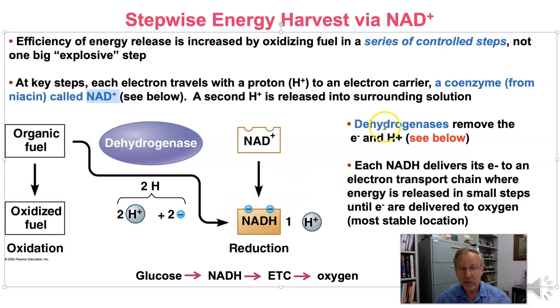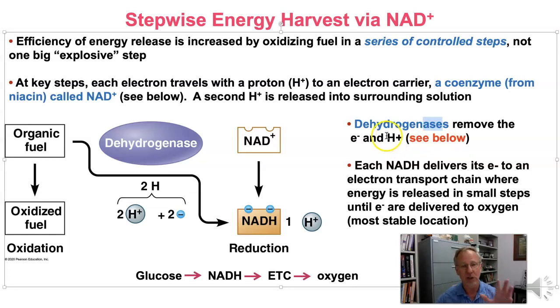And enzymes that help to remove hydrogen atoms and electrons from molecules are called dehydrogenases. Makes sense. De means without or to take away hydrogen. And of course, ase is the ending for an enzyme. So you're going to encounter that name, dehydrogenases, if you move on into other biology courses after this. So it's a good thing to know.